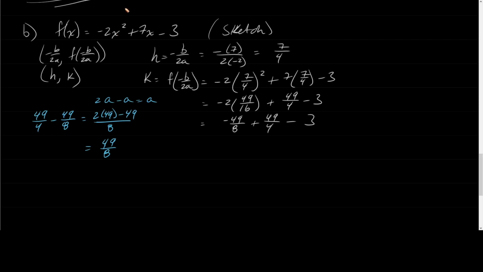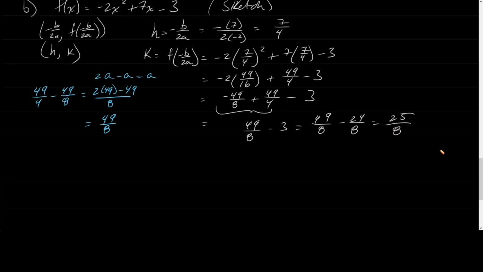Now, from there, that's just these two, right? So I have 49/8 minus 3. But 3 in terms of 8 is 24/8, and then 49 minus 24 is simply 25. So 25/8. That's my value of k.